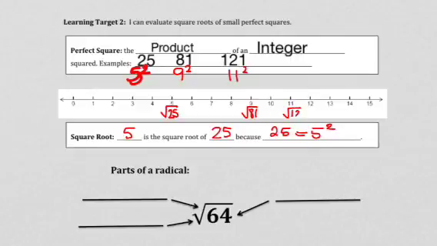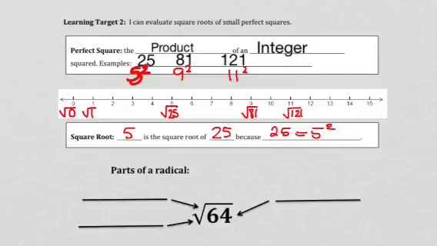Now, I would like for us to fill in the other numbers. So what you have to think about is what each number on the number line multiplied by itself would equal. Let's start with 0, that's the easiest. 0 times itself is 0, so the square root of 0 is 0. 1 times 1 is 1, so the square root of 1 is 1.